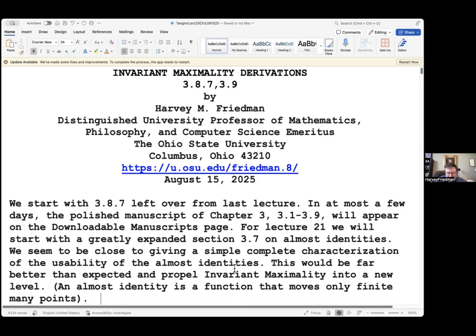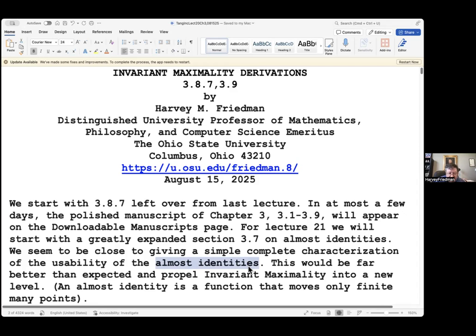Those are the ones we did last lecture and will finish up this lecture. But those are special cases of what's called an almost identity. An almost identity is just a function which moves at most finitely many points, so it's an identity function plus a finite function.